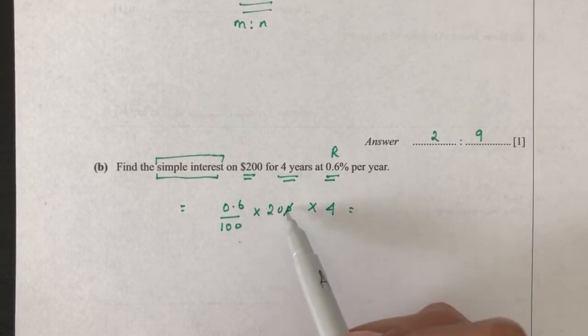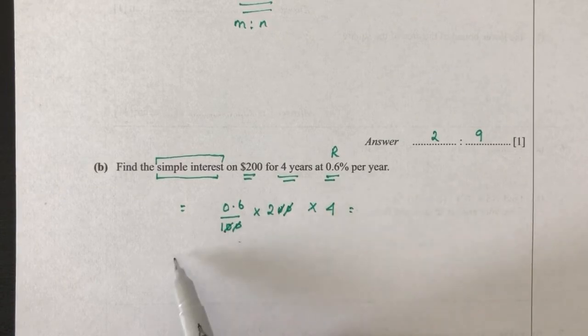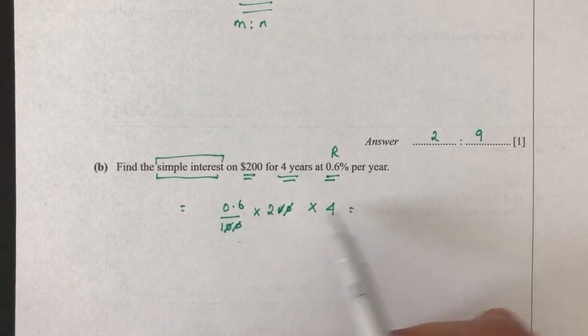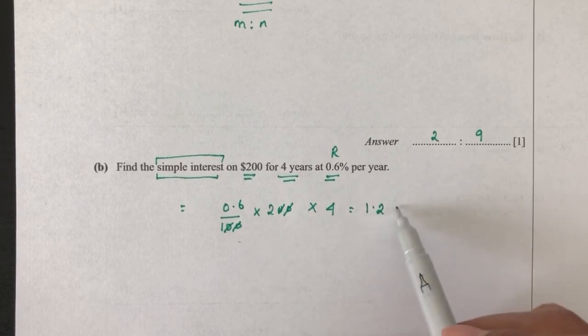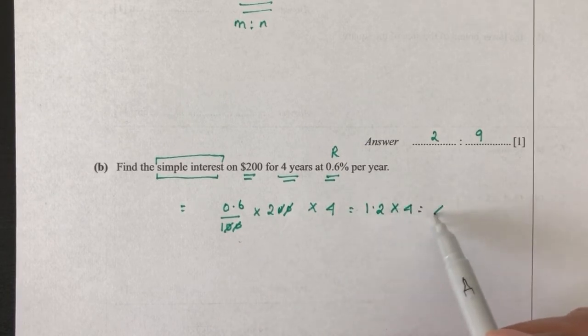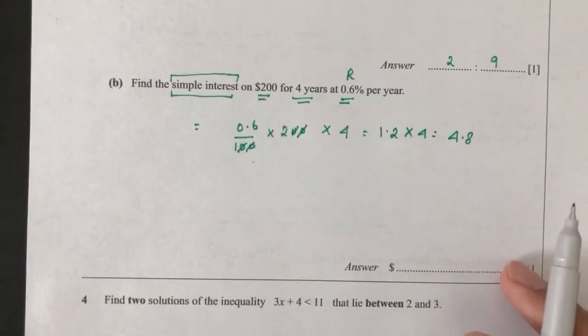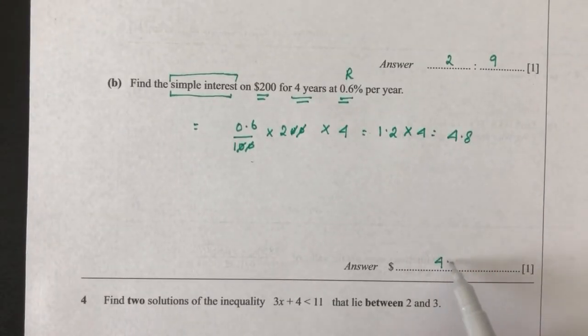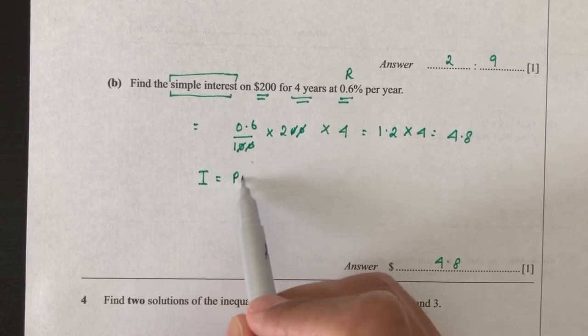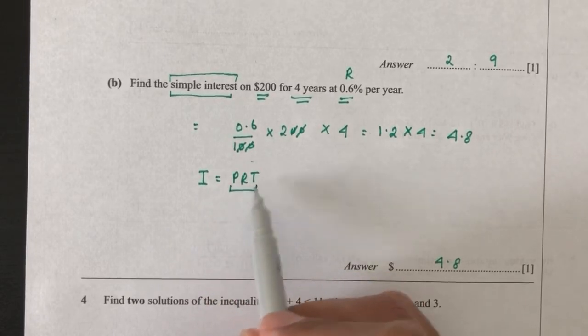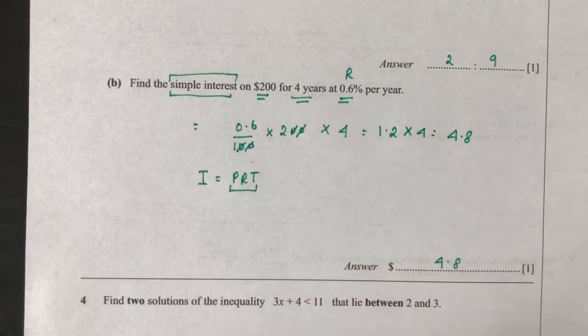So this will be going away. So here we have 1.2 times 4. That will be $4.8. So here we just use the formula I equals PRT. That's the formula for interest.